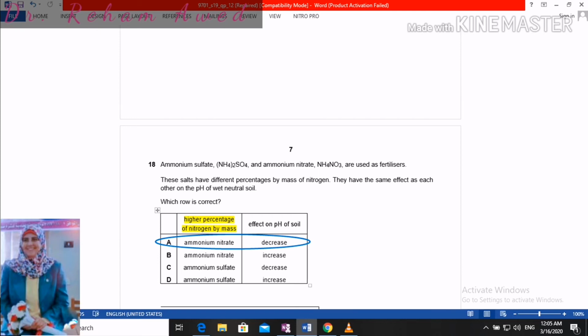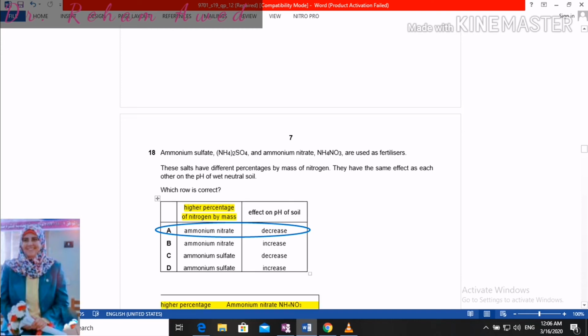To calculate the percentage of nitrogen by mass, we divide the mass of nitrogen atoms inside the molecule by the total relative molecular mass of the molecule.